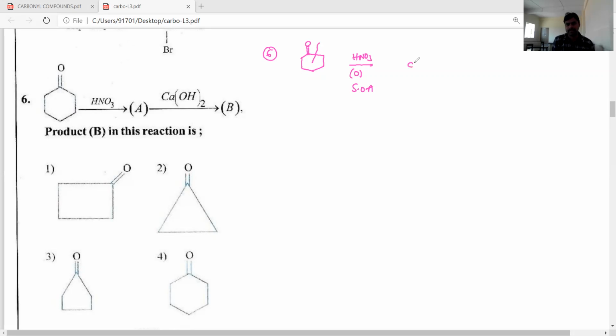Adipic acid is COOH, four CH2 groups, and COOH. That is adipic acid.